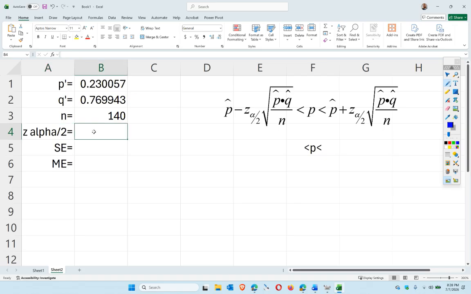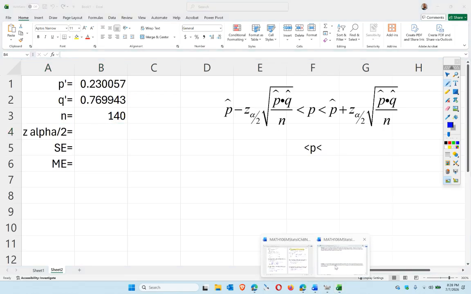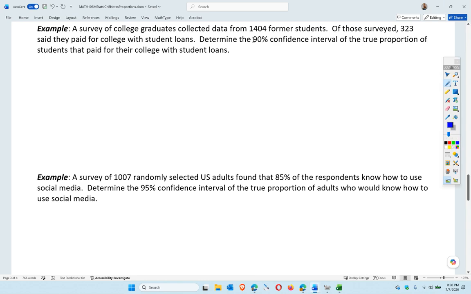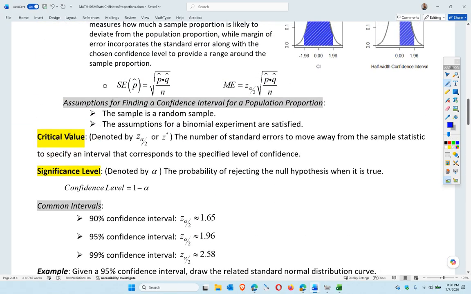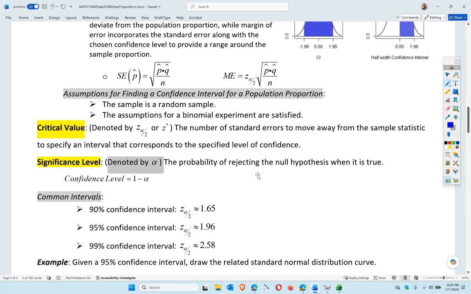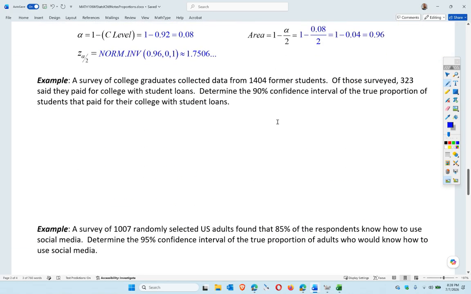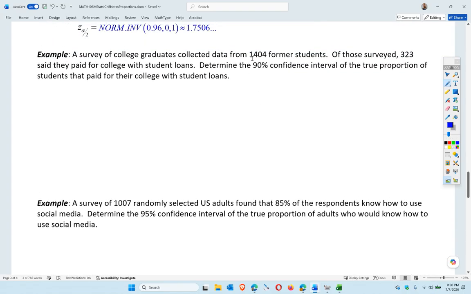Okay. So z alpha 2, what confidence interval do we want? We want a 90% confidence interval, right? So the leftover value, the critical value, that's what we're looking for. So we need alpha, which is the significance level. The significance level would be 10.